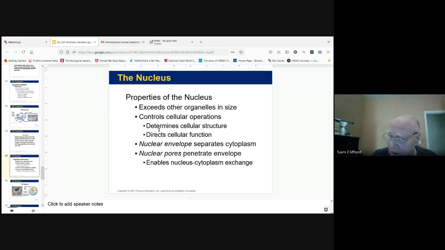Tell the cell, make this protein, make this lipid, get rid of this substance. The DNA stays in the nucleus, but messenger RNA is the messenger which goes all over the cell, telling the cell what to do. Make a protein, break up this protein, make a lipid.